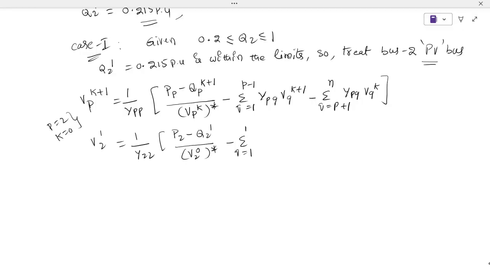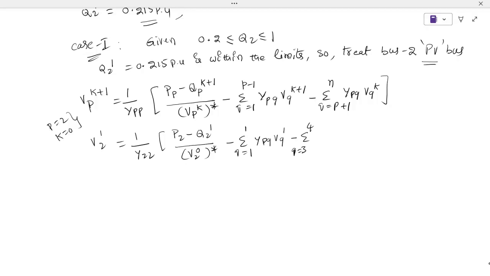Now Ypq Vq(k+1), where k+1 is 0 plus 1, that is 1, minus sigma q equal to p plus 1, where p is equal to 2, 2 plus 1, 3, to n, that is 4.